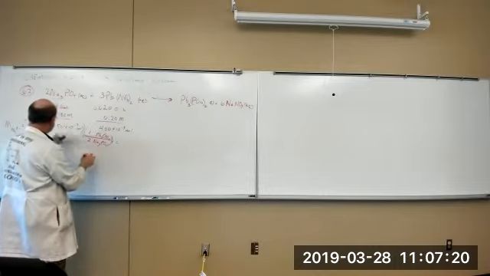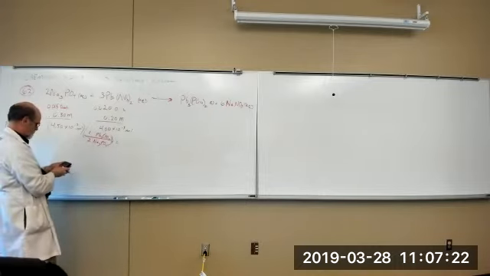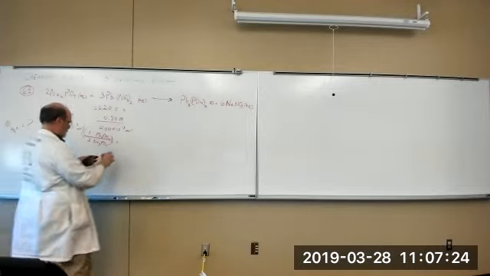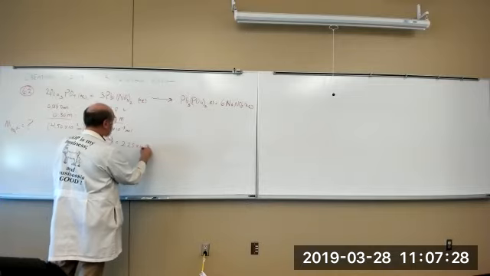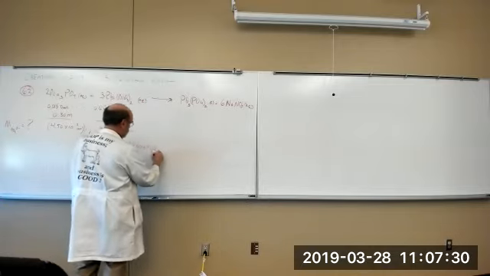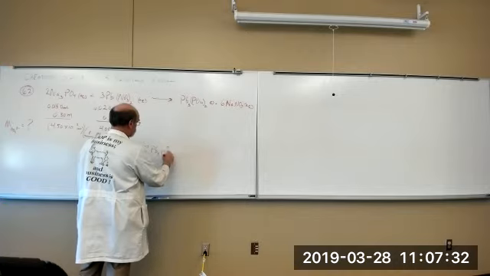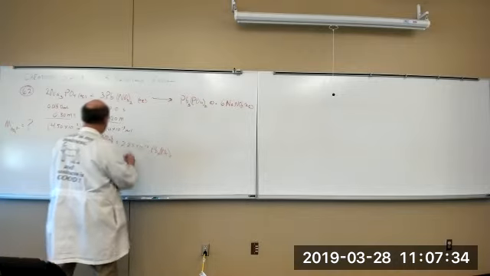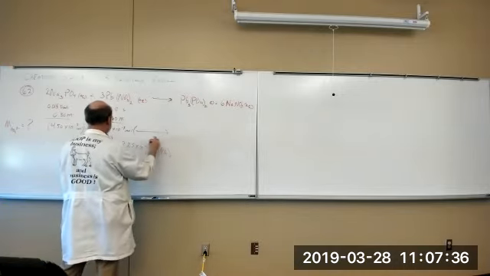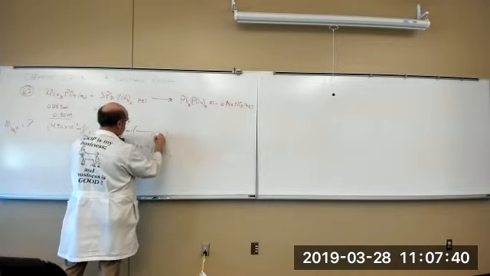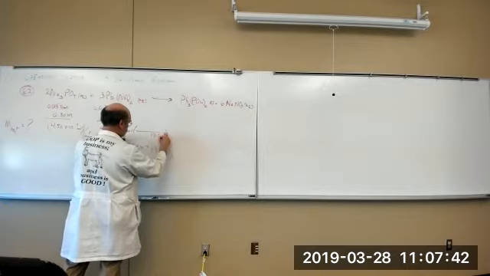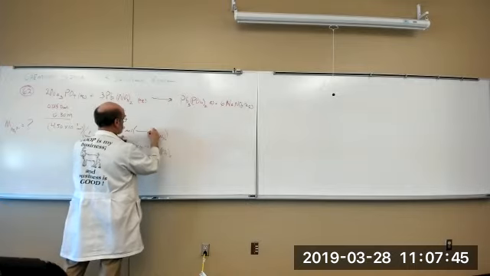Okay, so that means 2 into this. 4.5 divided by 2 is 2.25 times 10 to the minus 3 moles lead-3 phosphate. Okay, we convert this one, and here we're getting rid of lead nitrate, and we're going to make lead-3 phosphate.